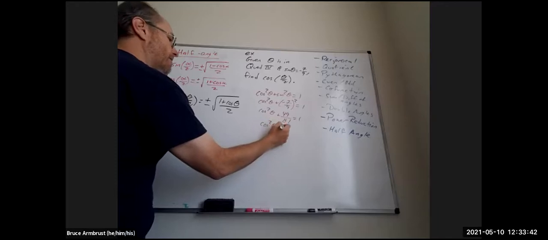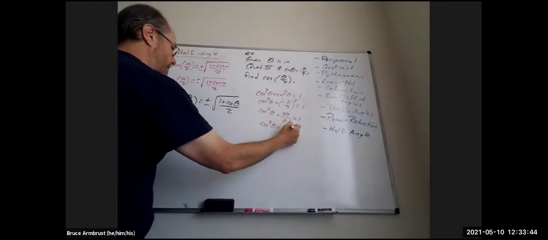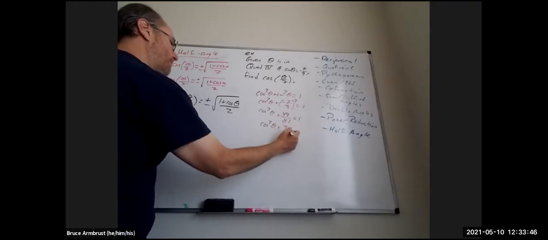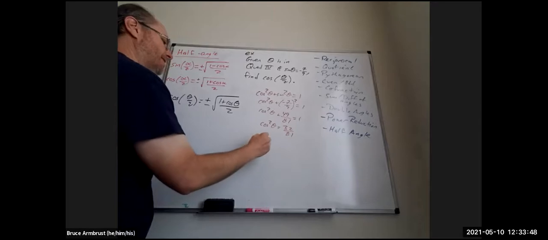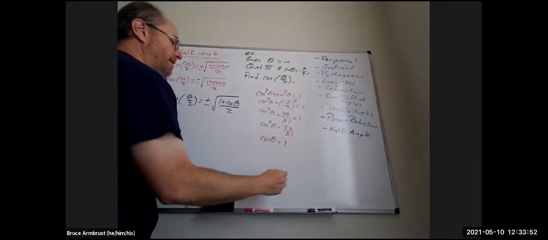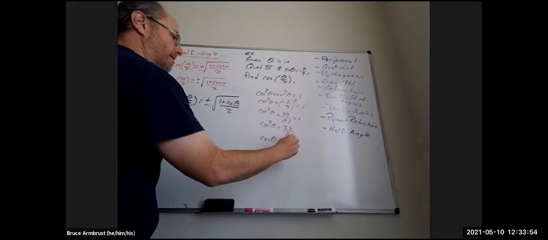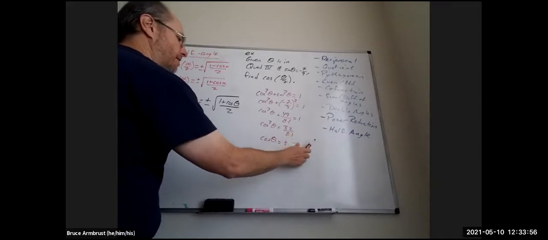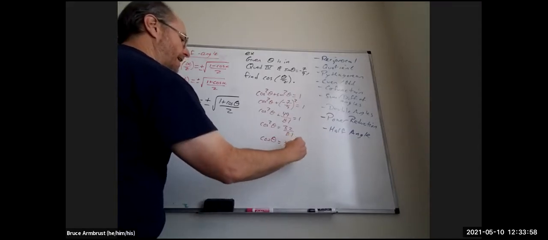Subtract that over, and I think that's 32/81. So the cosine of theta is plus or minus 4√2/9.